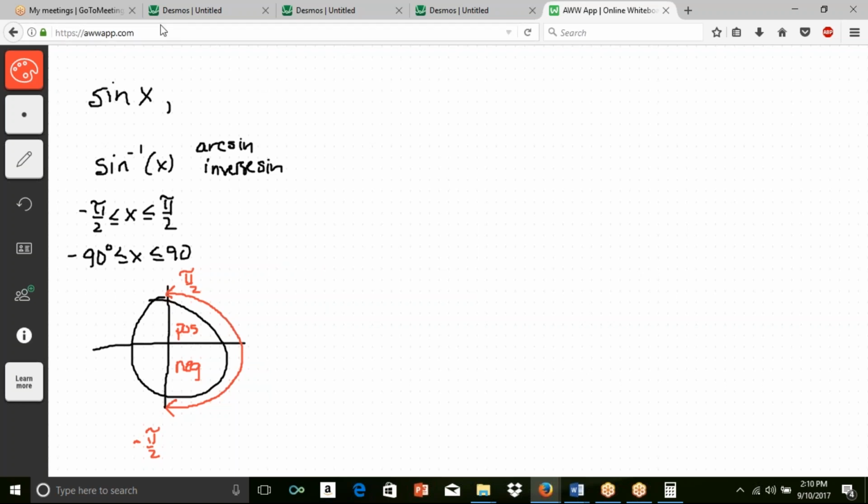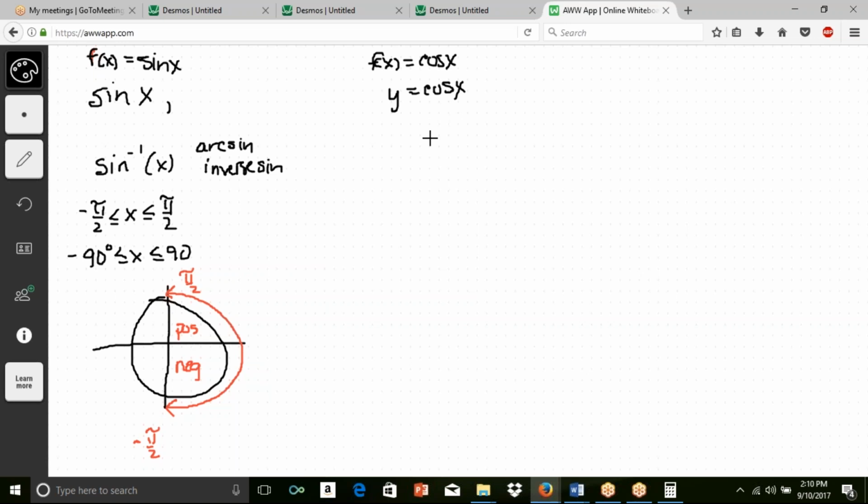Now, I want to talk about, and this was for our f of x is equal to sine of x. Well, my cosine, my f of x is equal to cosine of x. I could really think about this in the same way, right? Y is equal to cosine of x, right?